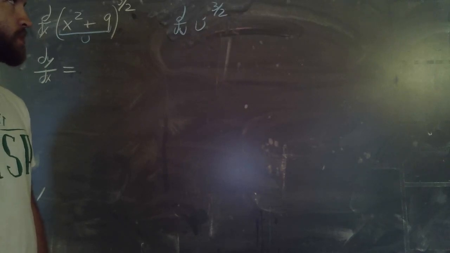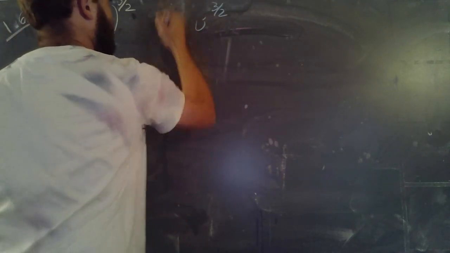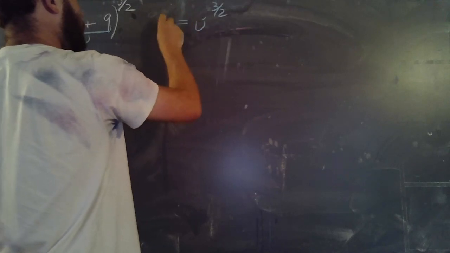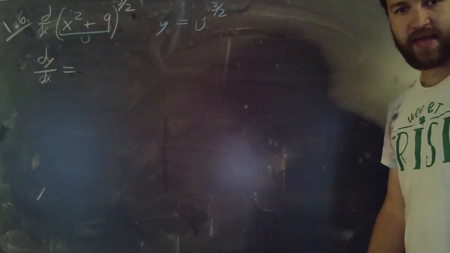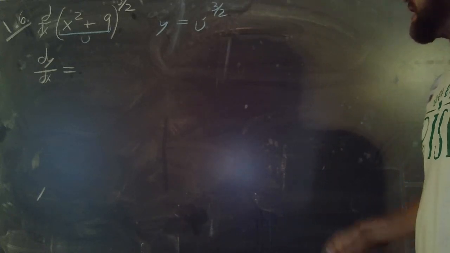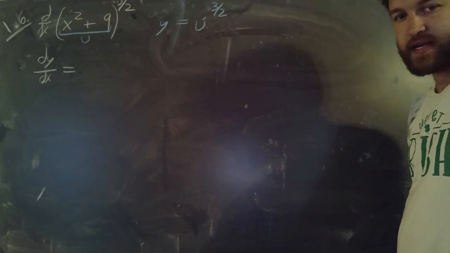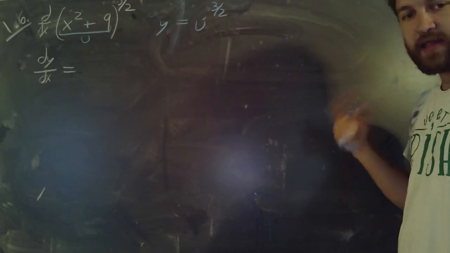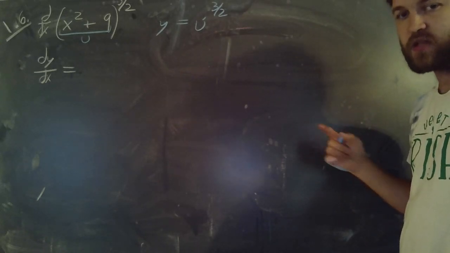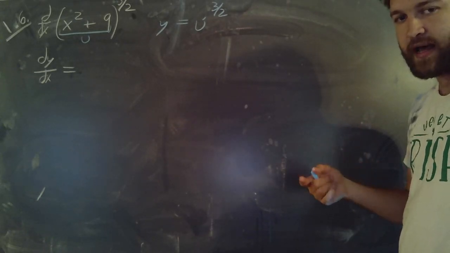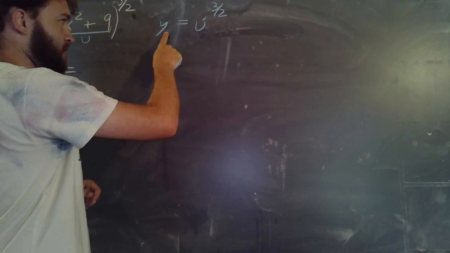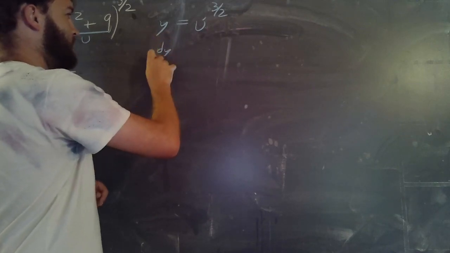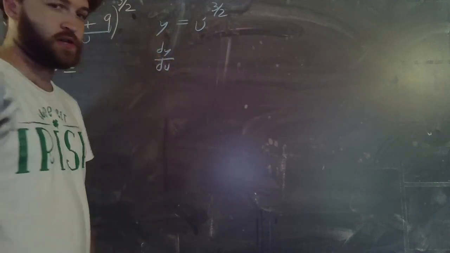If I were to go through the long process we had before, we would use the little increase to u, which we call du, and the little increase to y, which we call dy. When I take the derivative of this thing, we end up with a dy by du term.